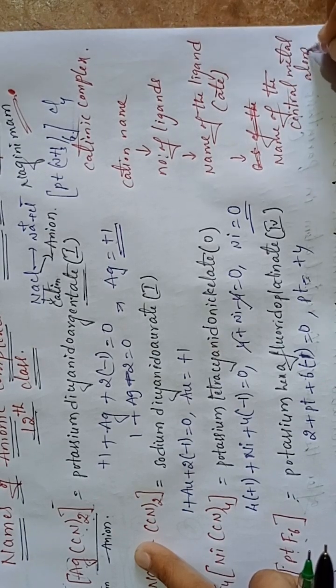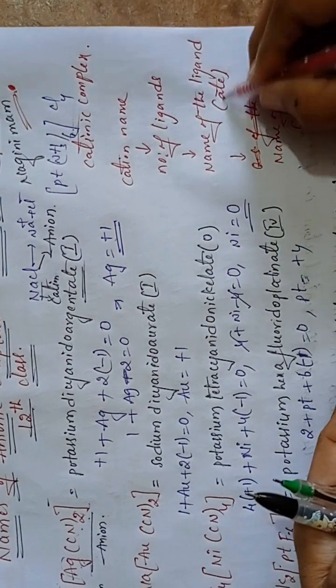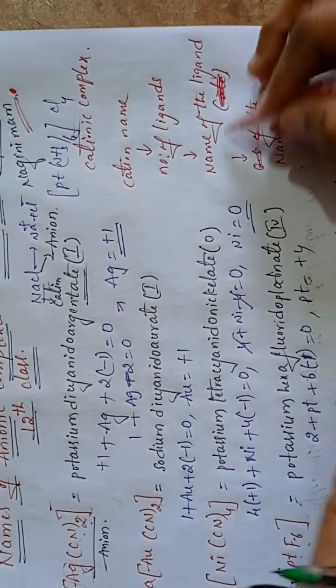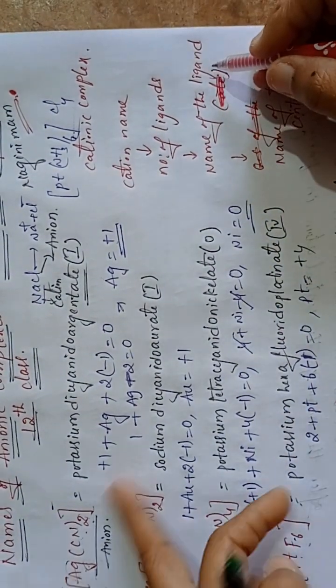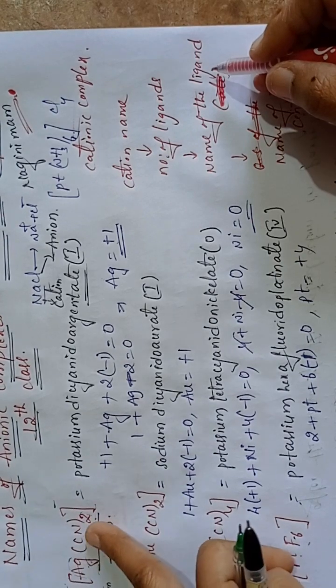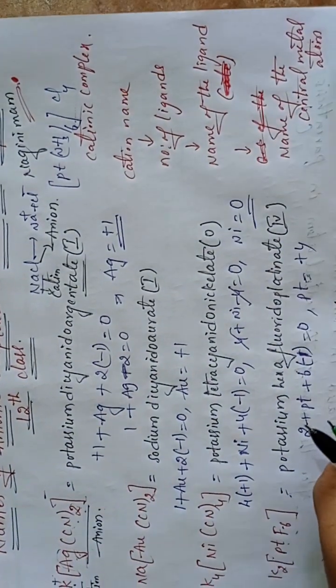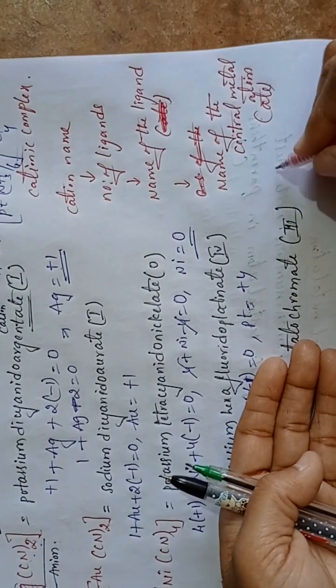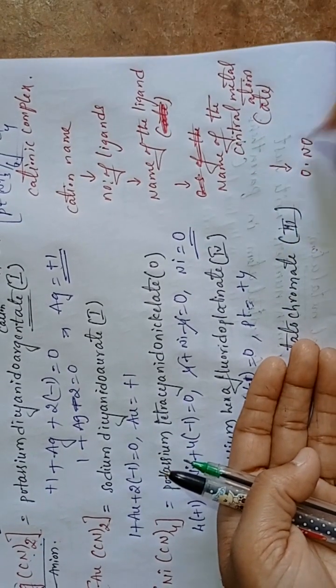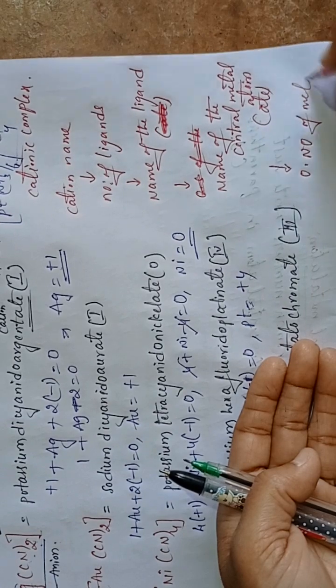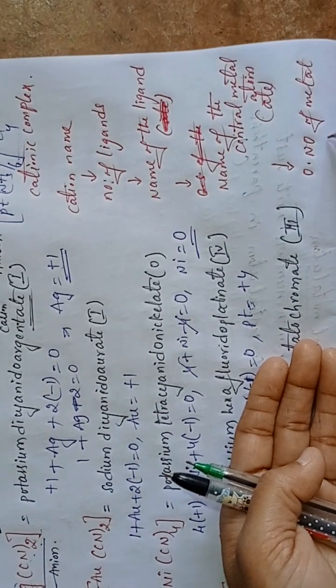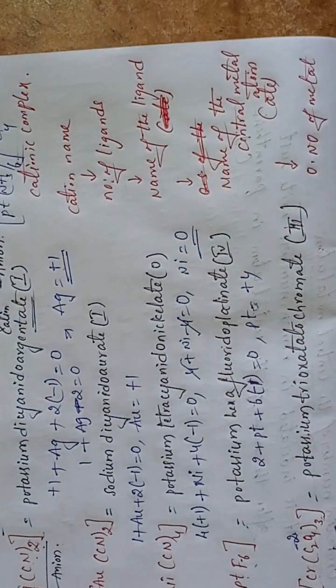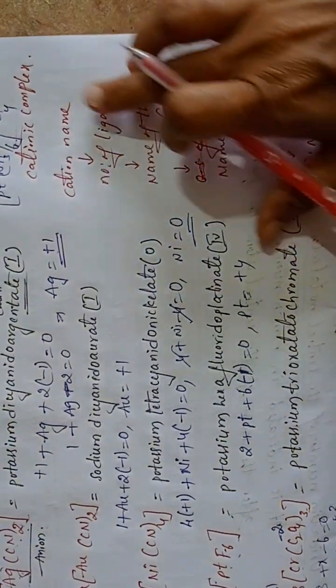Fluorine means fluorido, cyanide means cyanido, like this. Here, for the atom, what should we add, students? Ate we have to add. Next, the last one is the oxidation number of the metal. The oxidation number of the metal we should write in an open bracket. Clear? This is the sequence.